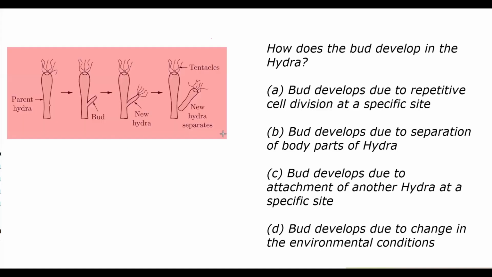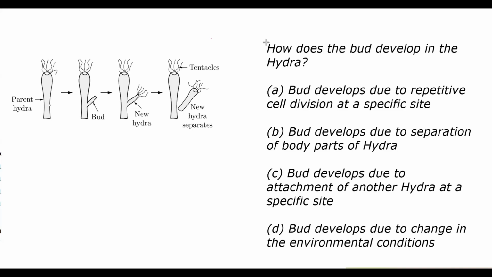In this question, you can see the diagram of hydra, and the question is, how does the bud develop into hydra? So let's figure it out. What you should know is that a bulb-like projection is formed over here, and the cells inside at this site develop into the bud.